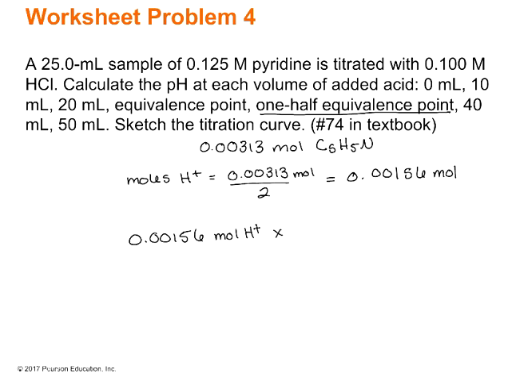And we're just going to do that same calculation we did before at the equivalence point when we needed to determine the volume of added acid. So we're just going to divide this by the concentration of the solution.